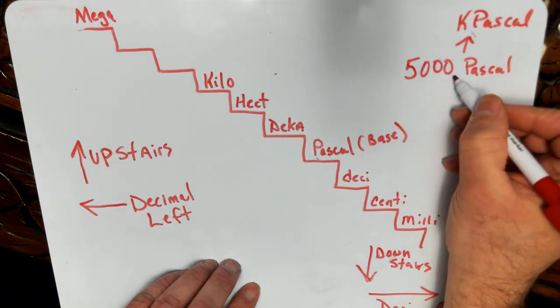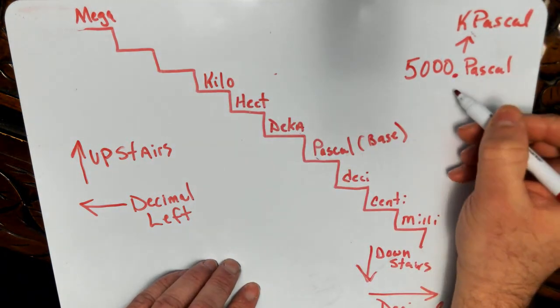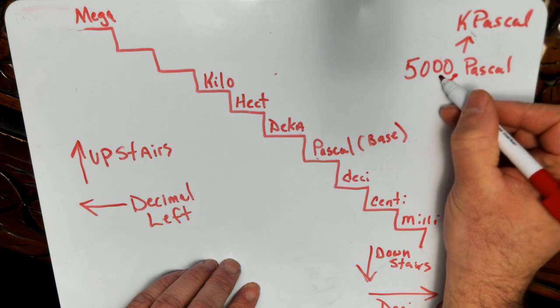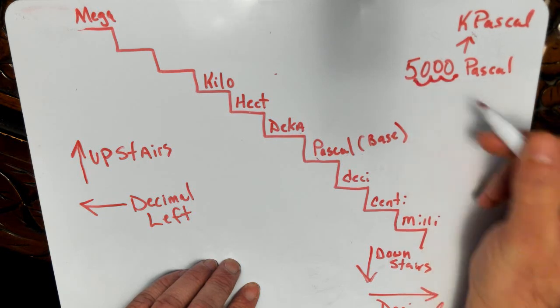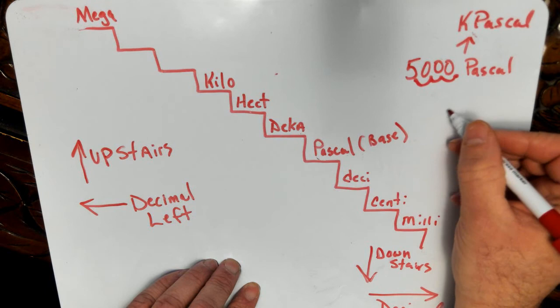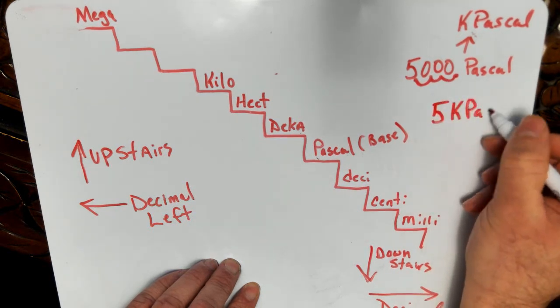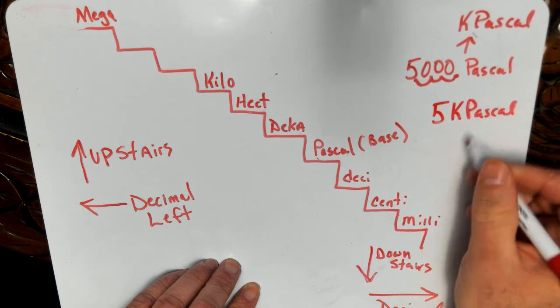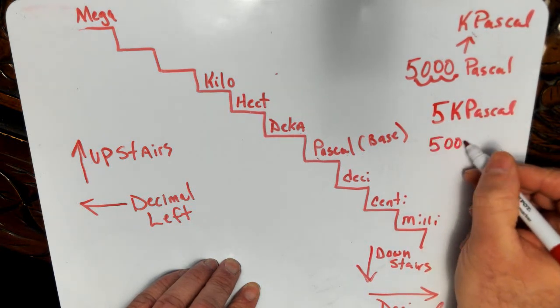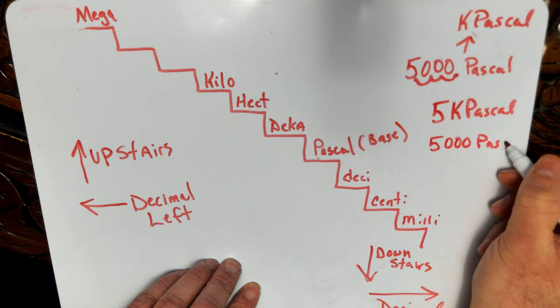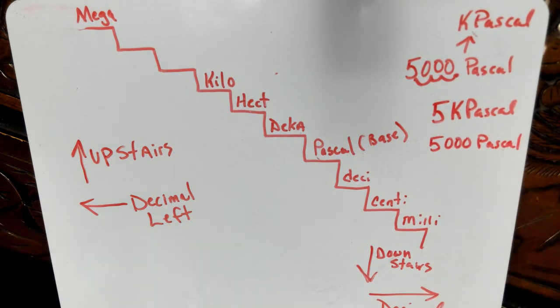Your decimal point here at 5,000, when we move to the left, goes over 1, 2, 3. So 5K Pascal is the same as saying 5,000 Pascal. It's just a different way of writing it.